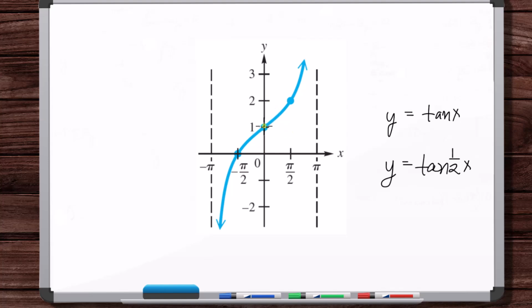Now, shifting, it looks like it's been shifted up by 1 as well. Right? Because this position here would normally be at 0, but now it's up at 1. You don't have an x-intercept like this with tangent and cotangent, the x-intercept is at the center of this shape.